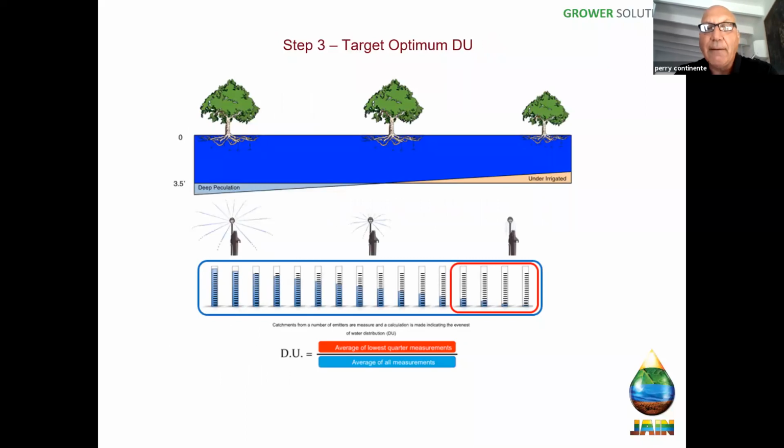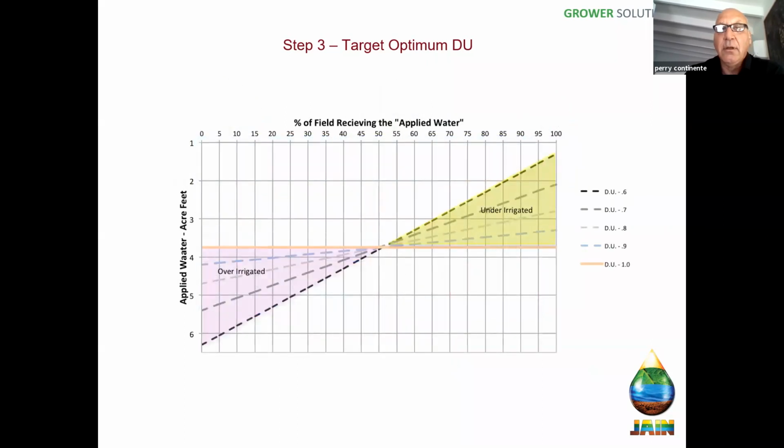So we're going to target the optimum DU. The optimum DU can be crop dependent, area dependent, those kinds of things. But as a general rule, we're looking at 0.9 or better. And that seems to be about the sweet spot for cost of the system versus highest possible DU, or distribution uniformity. This is a little graph that shows you how much under irrigation versus over irrigation given the DU that you have.